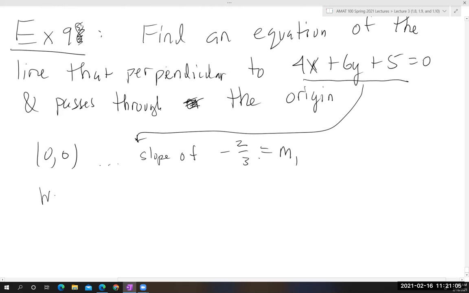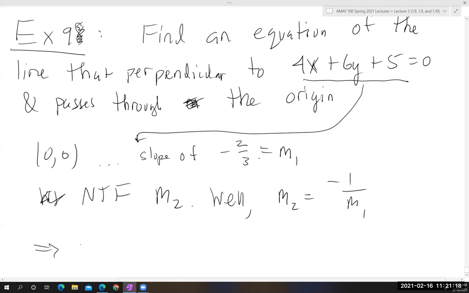We need to find M2. Well, we know that M2 is equal to negative 1 over M1. So M2 is equal to negative 1 over negative 2/3. If you simplify that, you flip the fraction, cancel the negative signs, and you get 3/2.